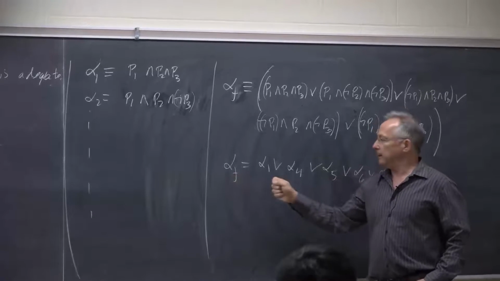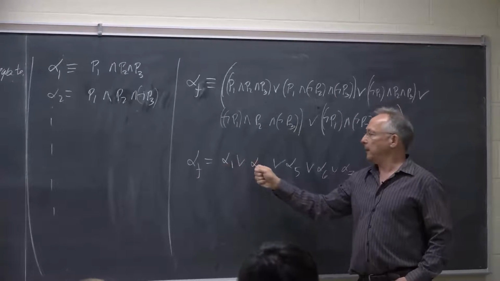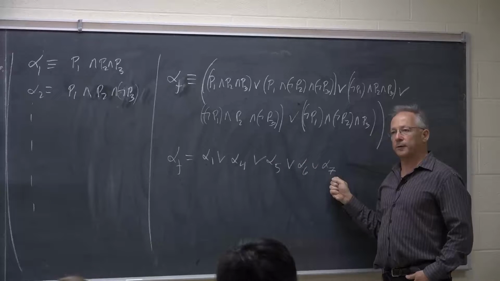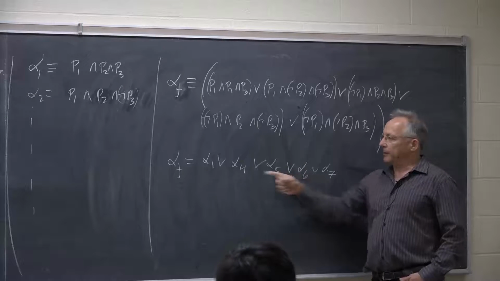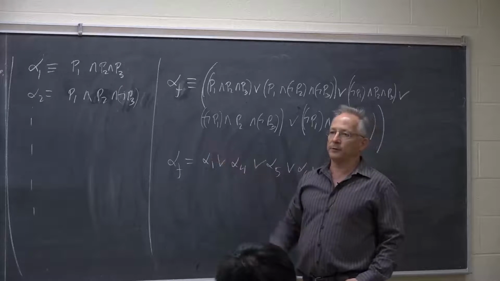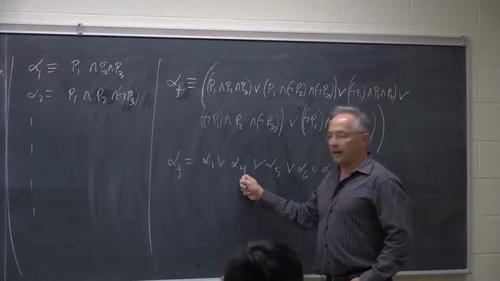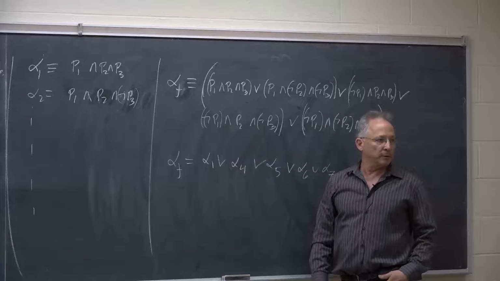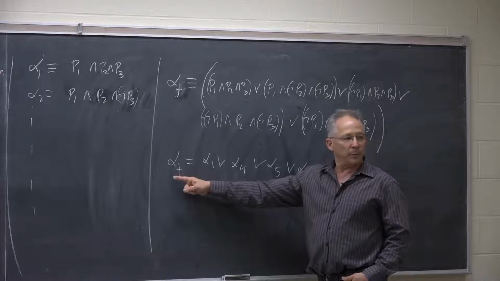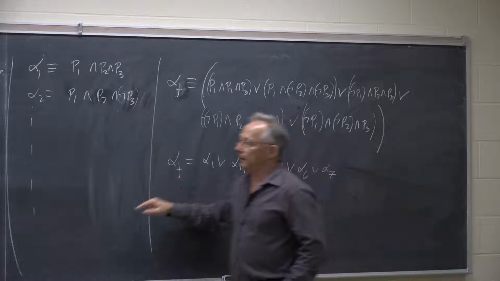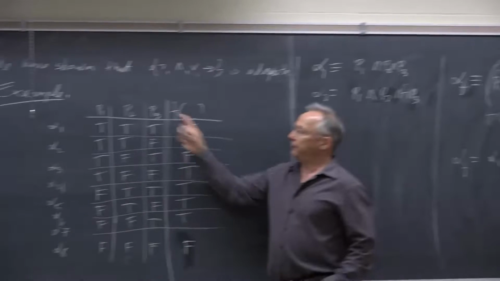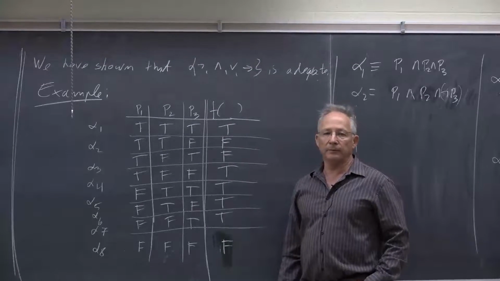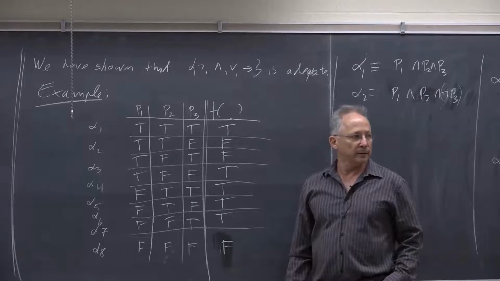It will get T either if I satisfy this one, or this one, or this one. But to satisfy alpha 1, I have to be in the first row. To satisfy alpha 4, I have to be in the fourth row. So this formula will get T exactly in the same rows that f gets T. And therefore, they have the same truth table.